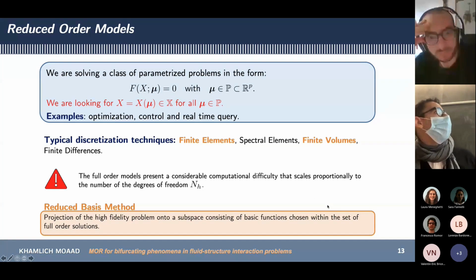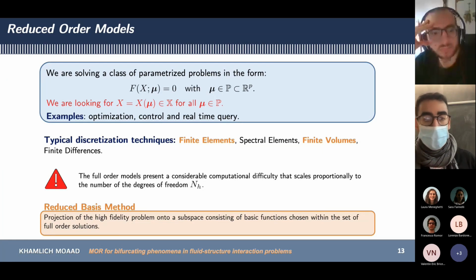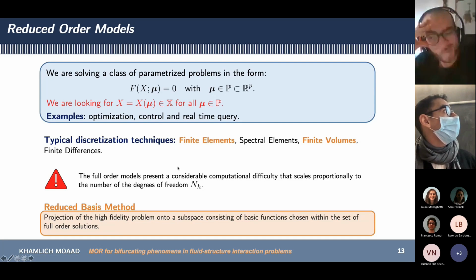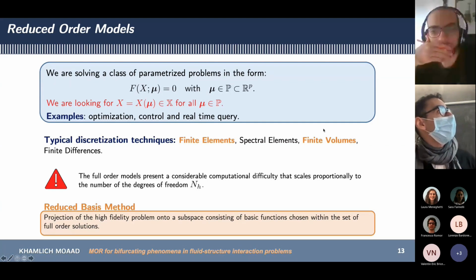If one puts in place a sort of reduced order modeling strategy, which is the one that we've used, which actually relies on using an underlying high computational discretization strategy. So in our case, we've used as a FOM model both the finite elements and the finite volumes.